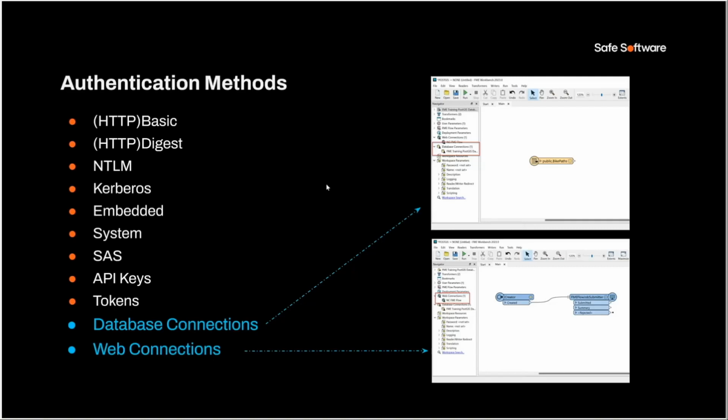That would be database connections and web connections. These are self-contained objects which specify a web service or database's key details, as well as the parameters needed to connect a user to these target resources, all stored outside of the workspace. In this way, FME can readily connect a user to a target resource while keeping sensitive information unexposed.